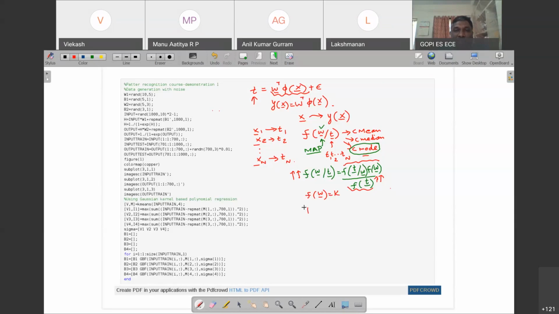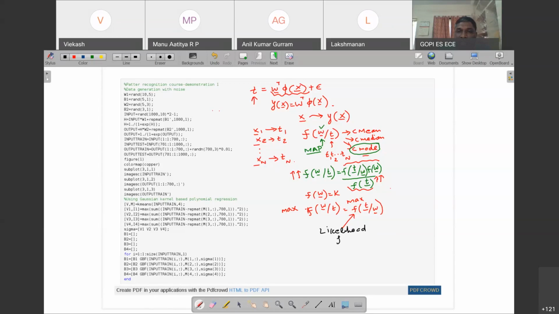In that case, maximizing f of w given t is equivalent to maximizing f of t given w. This is what we call the likelihood function.